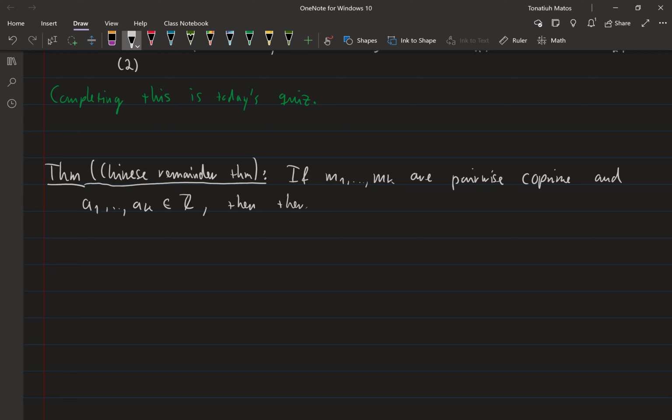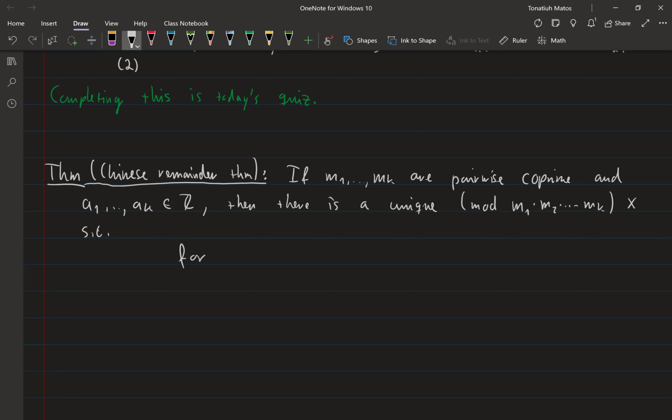Then there is x, let's say a unique, and by unique I mean mod the product of all of these M's, x such that, and here's the magic, right?